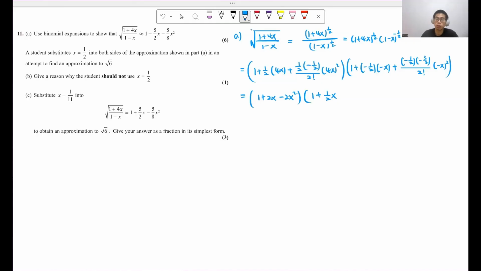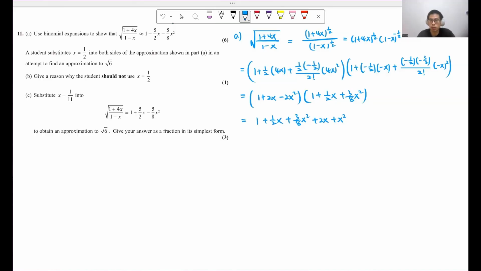So that would be just 3 over 8 x squared. Okay, now to expand this. 1 plus 1 is just 1, and 1 times half x will be half x, and 1 times 3 over 8 x squared is just 3 over 8 x squared. And then 2x times 1 would be 2x. And then 2x times half x would be positive x squared. And then 2x times x squared would be x cubed, so we don't need that because this is only up to the x squared term.